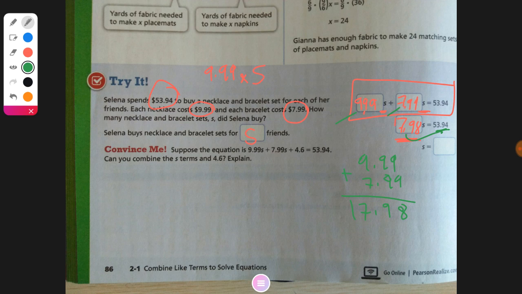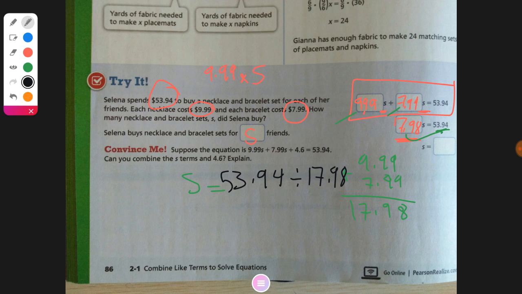So S now equals 53.94 divided by 17.98. Okay, now I need to divide this number. Actually, it's a very big number to divide in your brain.